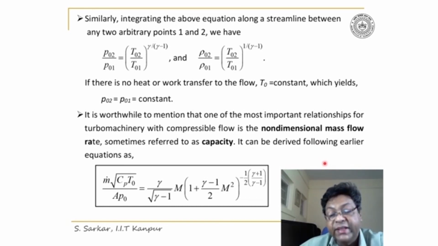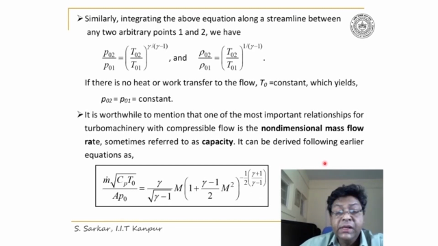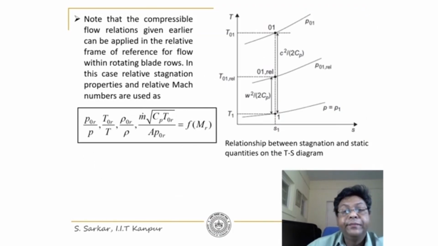So when you describe the flow field with respect to the impeller, we prefer to describe the flow field in the relative frame of reference. Now, why have I told absolute and relative frame of reference here? If we go to the next page, you will understand.